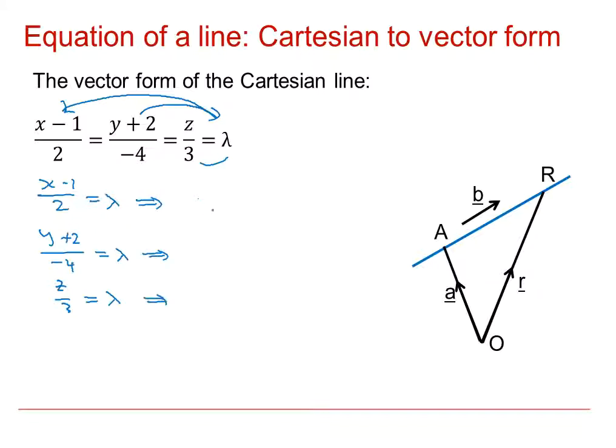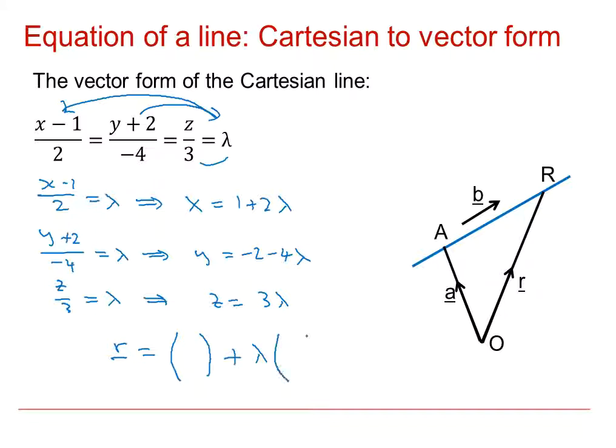If we now rearrange each of these for x, y and z, rearranging the first one, we get x is 1 plus 2 lambda. Rearranging the second one, y is minus 2 minus 4 lambda. And rearranging the third one, z is 3 lambda. So we know that (x, y, z) represents our general point r. So we're looking for a position vector plus lambda times the direction vector.